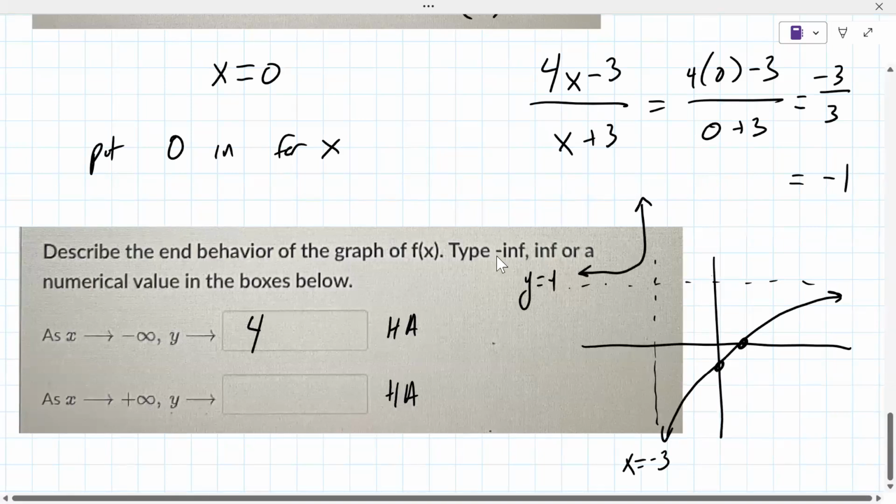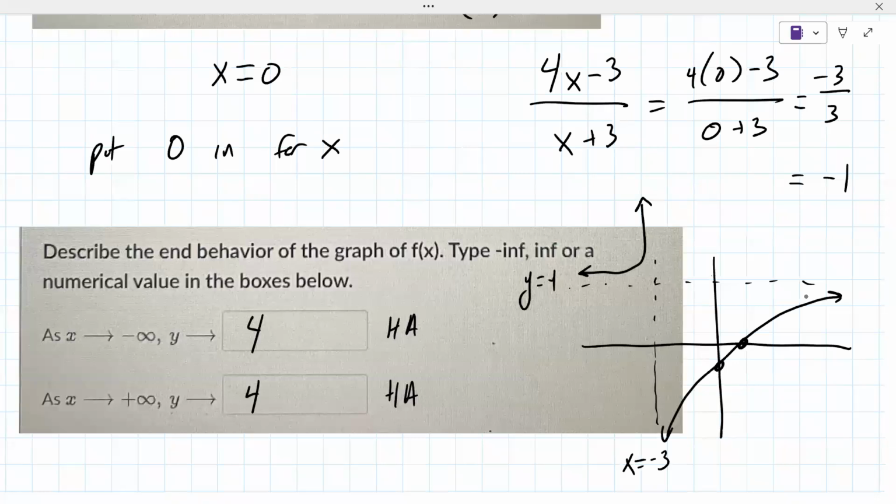And as x goes to the right forever, y approaches 4. Any questions, thoughts on that? No.